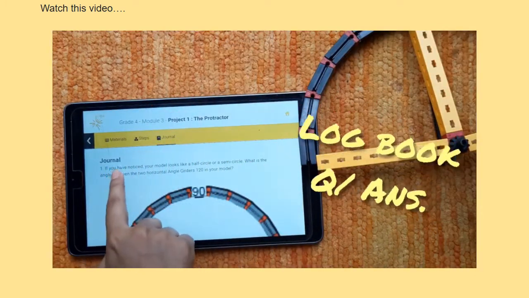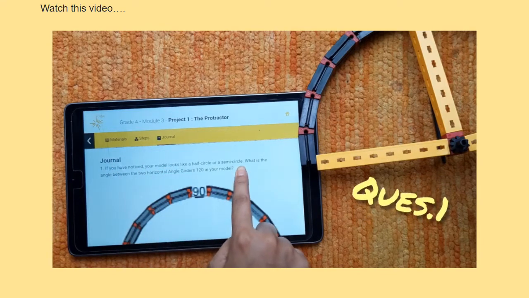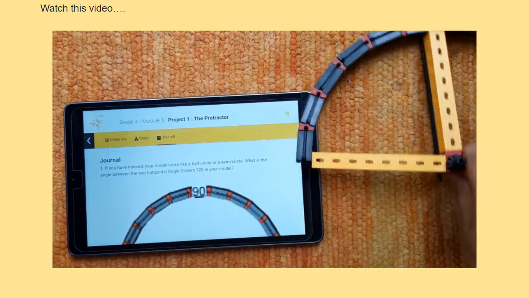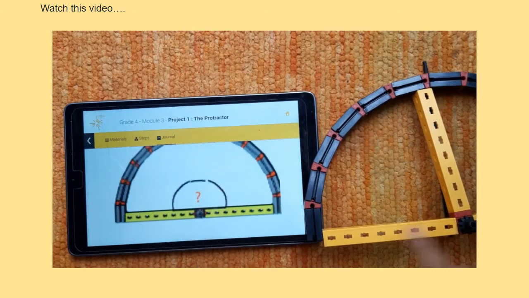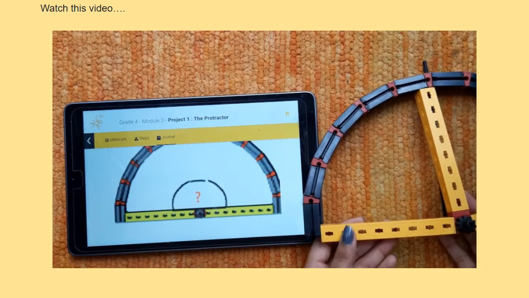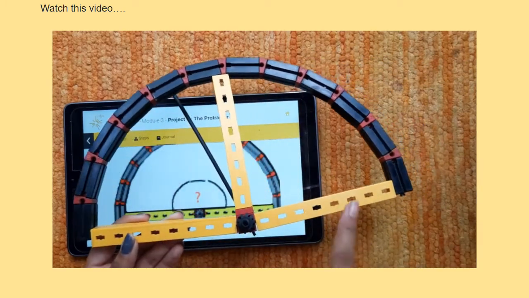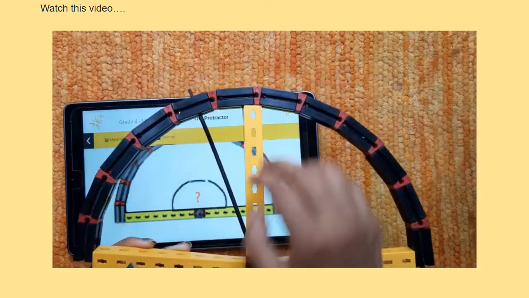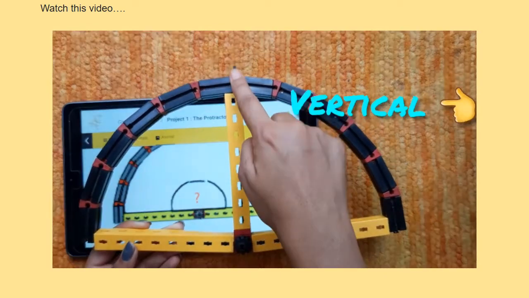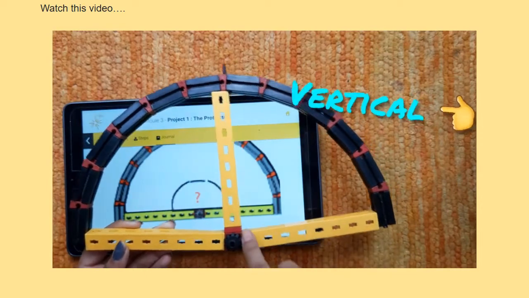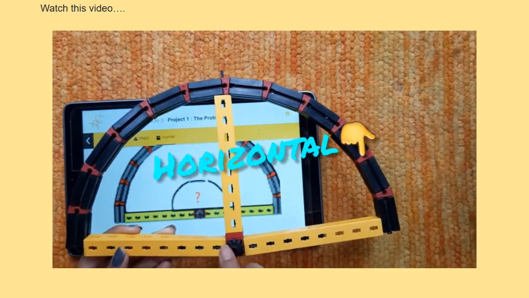Let's move to logbook question and answer. First question is, if you have noticed your model looks like a half circle or a semicircle, what is the angle between the two horizontal angle girders 120 in your model? So these yellow parts are the angle girders. This angle girder is vertical, this one, and this is horizontal.